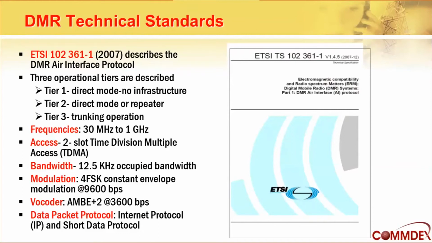It supports IP data packets, as well as short data and messaging protocols. So it's similar to P25, except it's used in non-public safety applications. It doesn't have all the critical emergency features that P25 has, and it doesn't cost as much either.